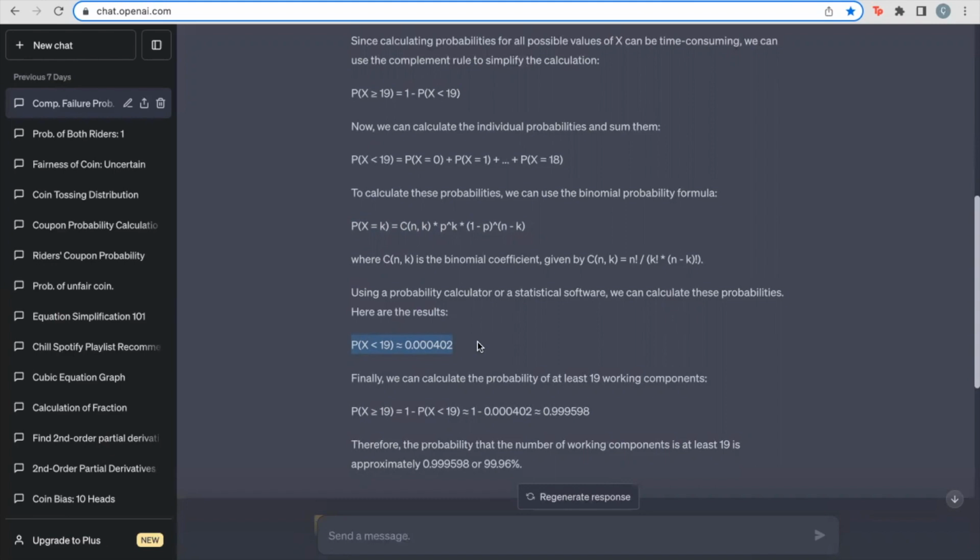And since it found the answer of P(X < 19), the answer is also wrong in the last step. Now I will give you the steps and explanations.